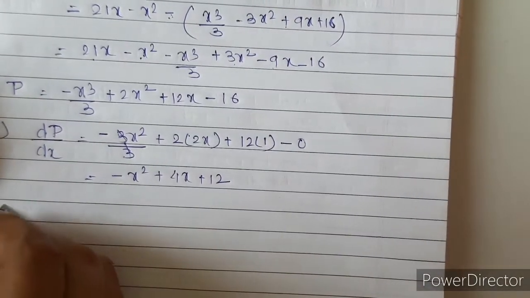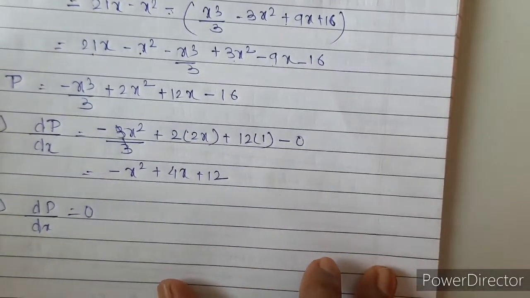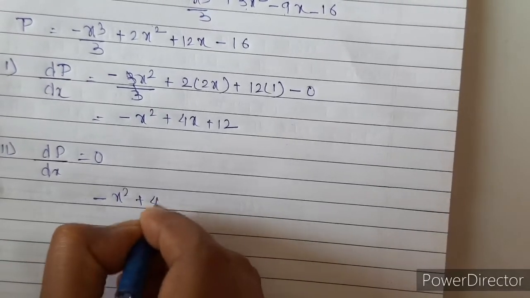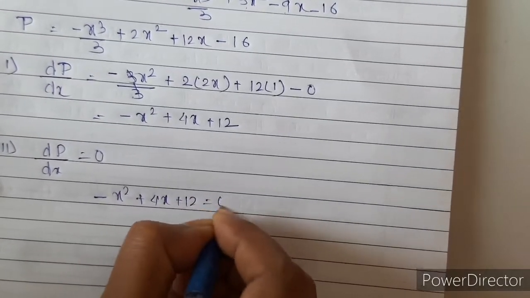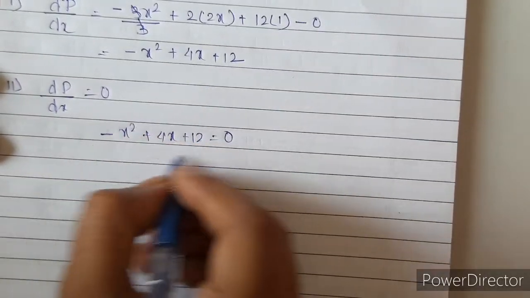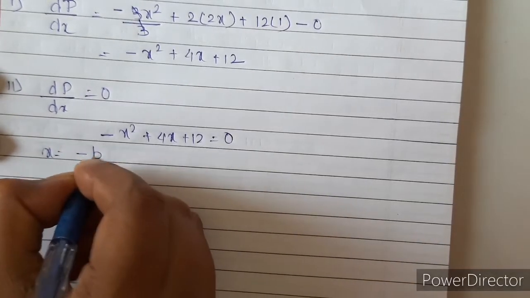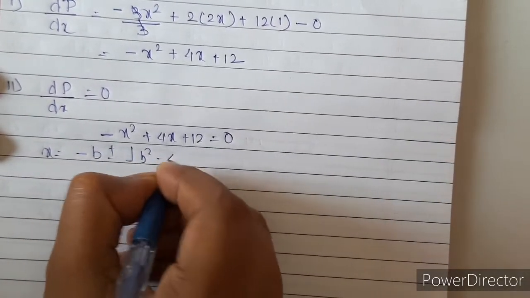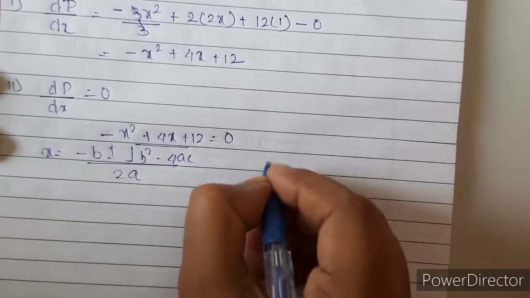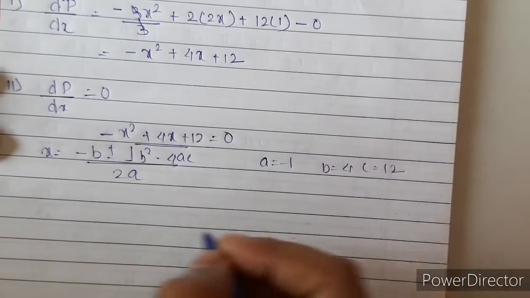Now second step, we have to equate this derivative to 0 and find the value of x. So minus x square plus 4x plus 12 equals 0. Since it is a quadratic equation, we can use the quadratic formula. So x is minus b plus or minus root of b square minus 4ac by 2 times a. Now in this case, a is minus 1, b is 4, c is 12.